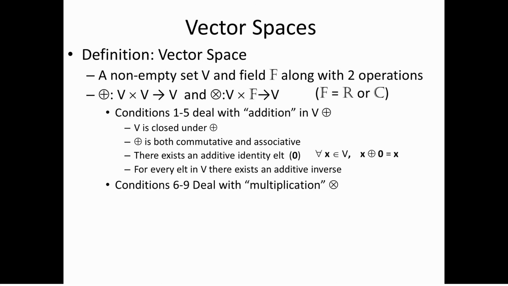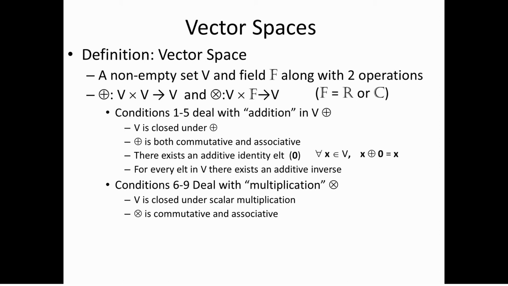The next couple of conditions deal with multiplication. And they say that V is closed under scalar multiplication. And again, if we multiply a scalar times a vector, we get back a vector. That's what that statement means. The quote-unquote multiplication is also commutative and associative.